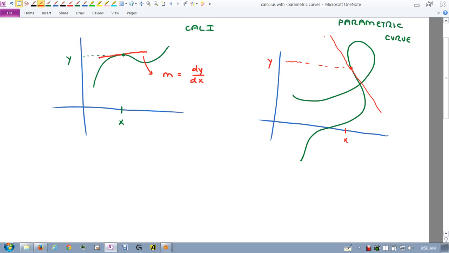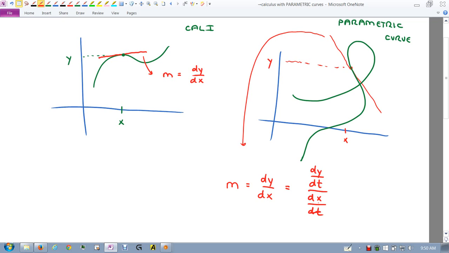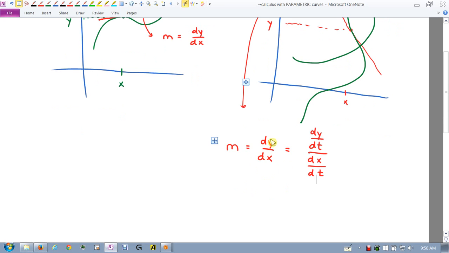And the slope of that tangent line, m, is still dy/dx. But since our parametric equations rely on t, all we're going to do is rewrite it this way. And do you agree that this is the same thing? So what I did is I'm saying I want to know what dy/dx is.